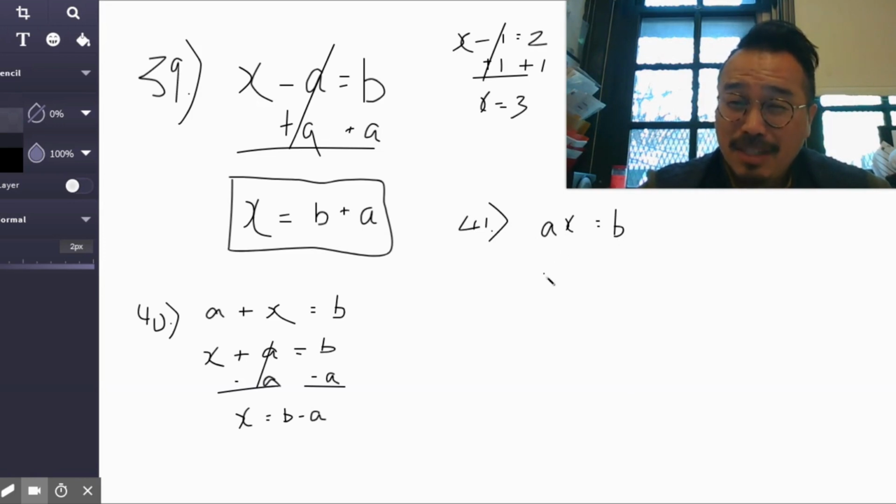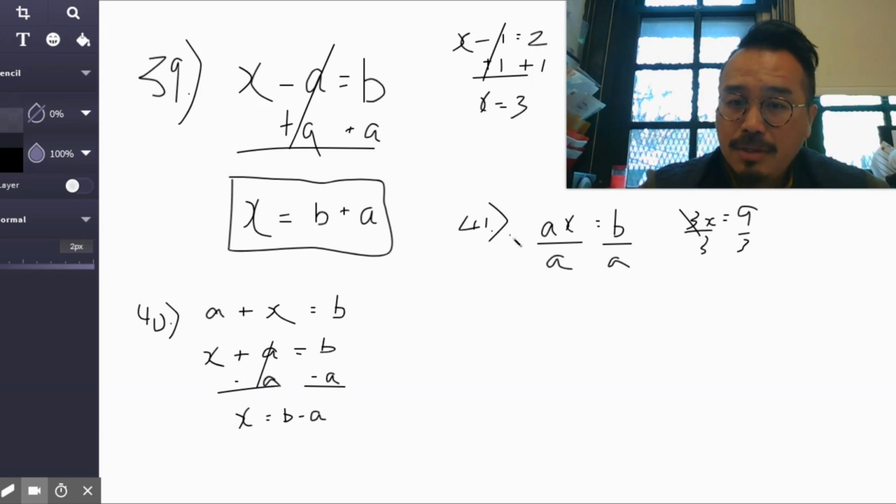So what's the opposite of multiplication? That's right, division. So imagine this to be like 3x equals 9. Think about it like that. You divide both sides by 3. In other words, you divide both sides by a.